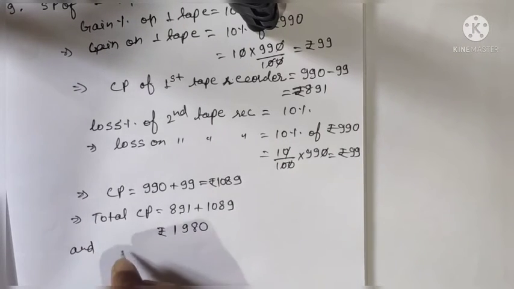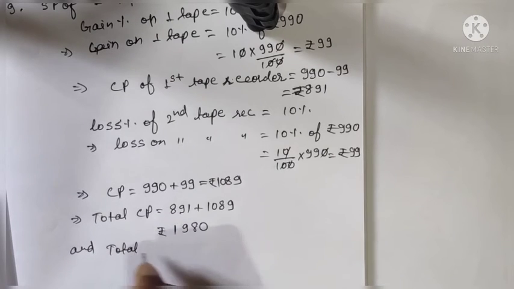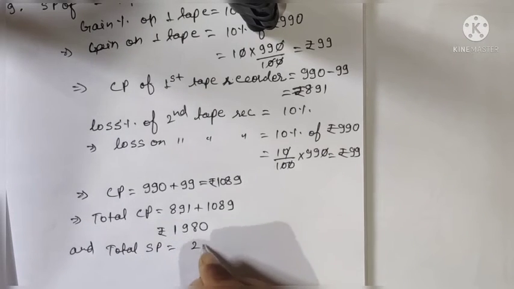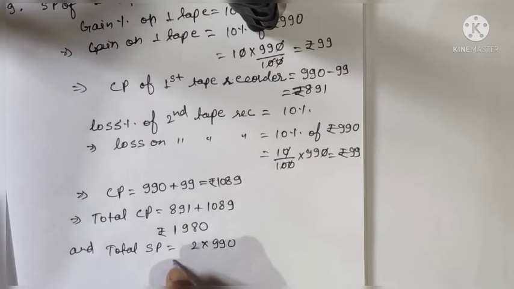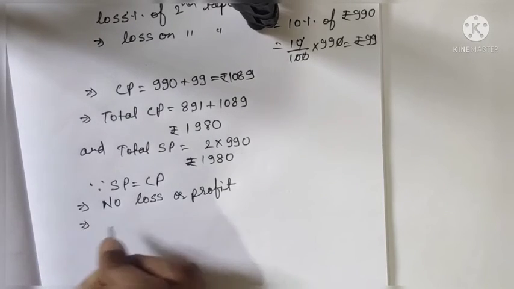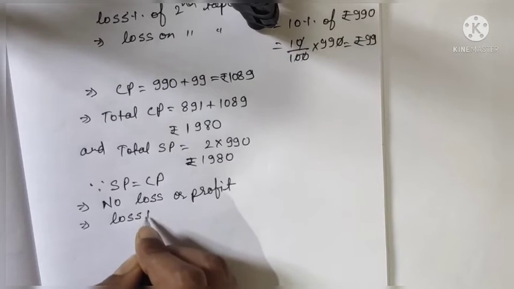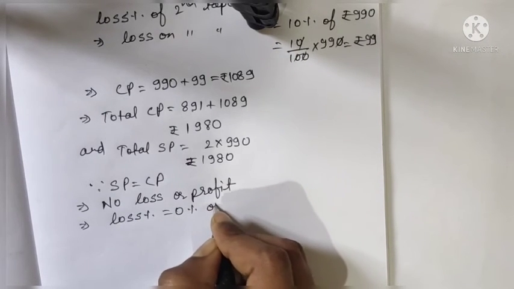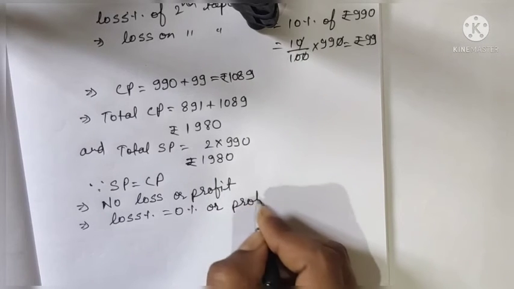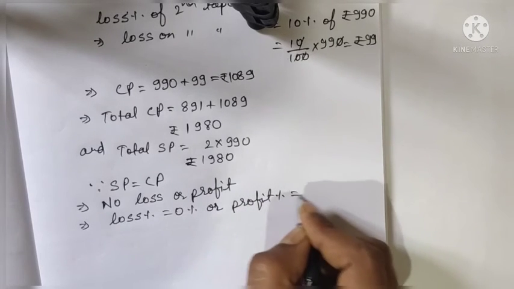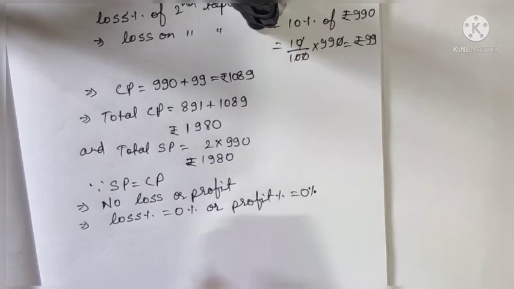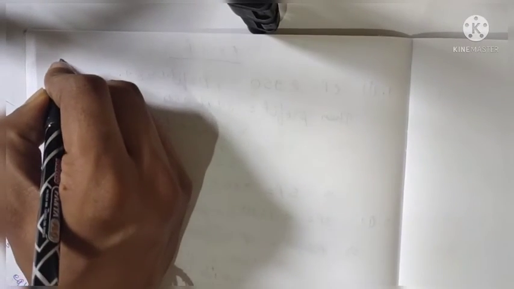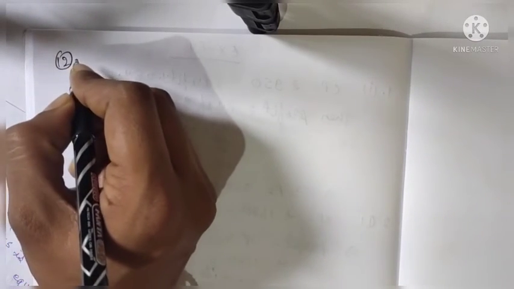And total selling price is equal to 2 into 990, which is also 1980. That implies loss percent is equal to 0%, or profit percent is equal to 0%. Simple. Now this is our last question of the exercise 12B, that is question number 12.